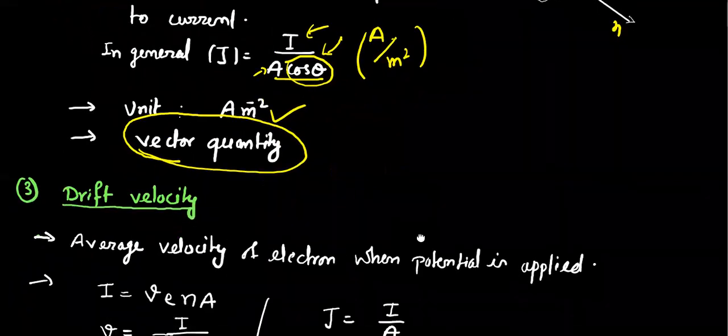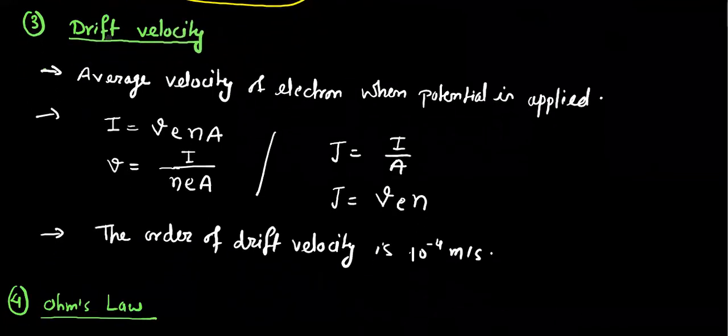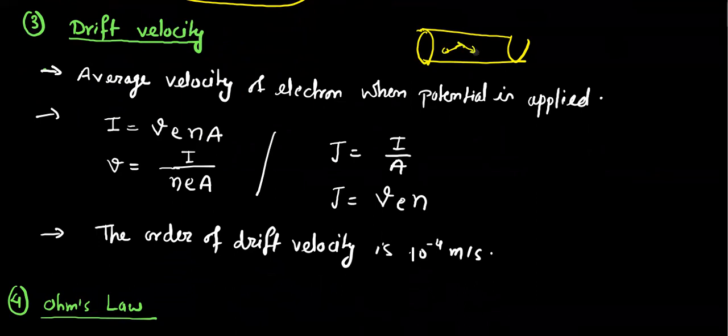Now we are moving towards drift velocity, and it is the average velocity of electrons when potential is applied. Without application of any electric field, we know that electrons move in a zigzag path in random directions, and their average velocity is zero at that time.